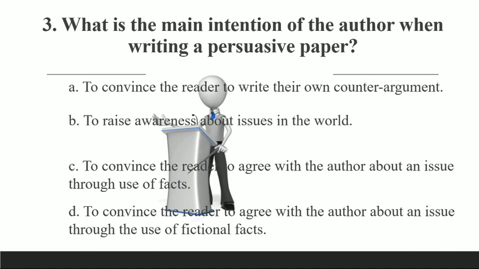Or D. To convince the reader to agree with the author about the issue through the use of fictional facts. A, B, C, or D? Your answer is letter? Alright, it's letter C, to convince the reader to agree with the author about an issue through the use of facts.